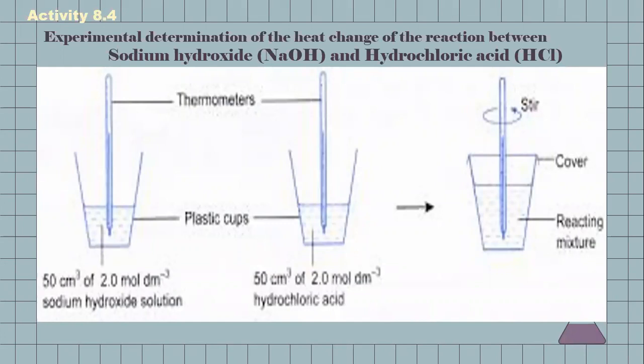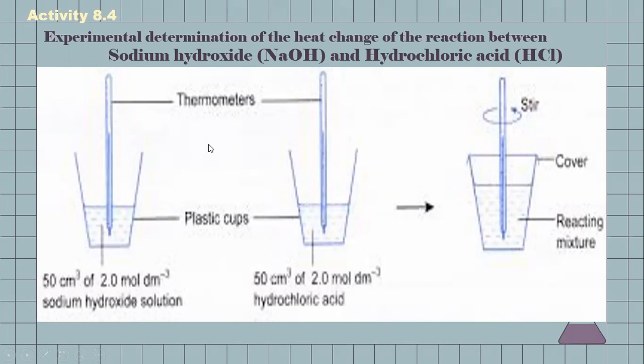For this experiment, we are taking sodium hydroxide solution and hydrochloric acid solution with same concentration. Here we are using 2 mol dm^-3 sodium hydroxide and again same concentration hydrochloric acid with same volume. We are taking 50 cm³ of each, right?